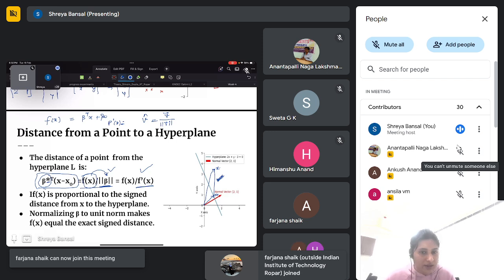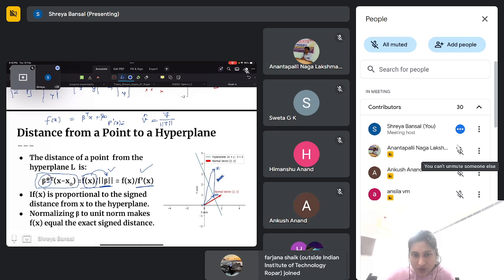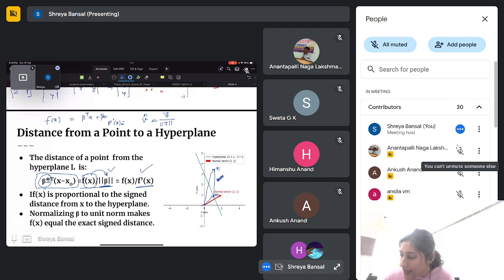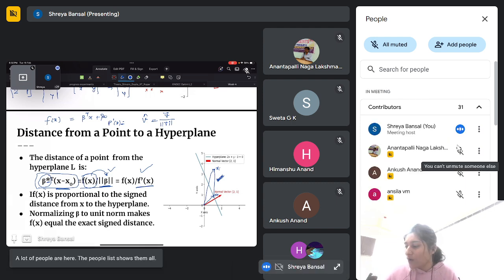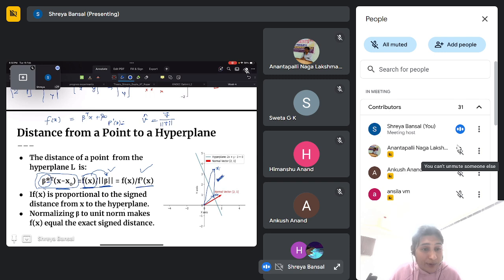So we have these two vectors. x minus x naught geometrically gives you a vector for the distance from x to this hyperplane. That's why we are saying f x is proportional to the signed distance from x to the hyperplane.